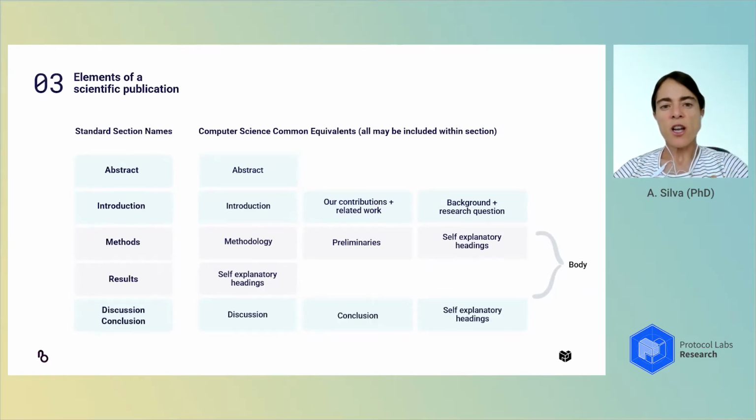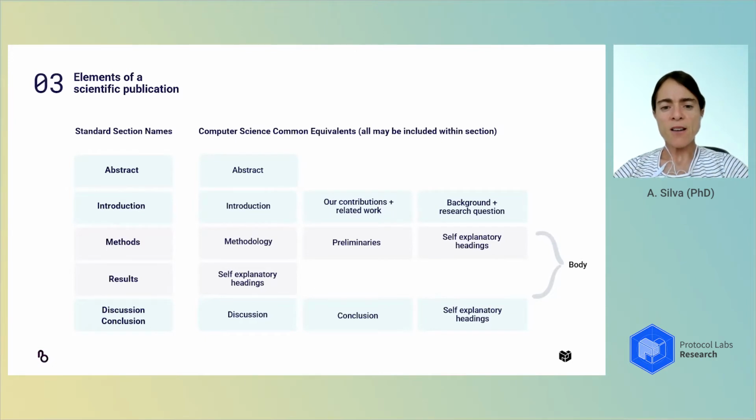The discussion and conclusion, in other fields, journals normally can be associated with a separate conclusion section or not. The conclusion is the final paragraph of the discussion. And in computer science, it can be called discussion, it can be called conclusion, or again, it might be self-explanatory headings.